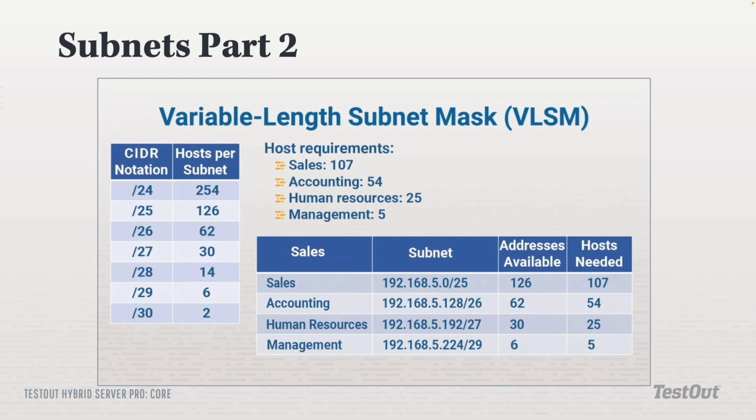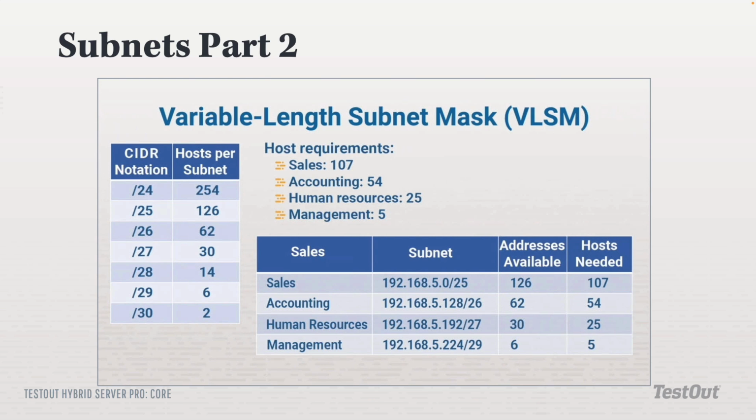So we go through and we subnet it out, having our biggest one be the 5.0. That becomes a /25 network, so we borrow that first bit from them. So then we will get 126 addresses. So does that meet our requirements of at least 107? Yes. Now we can move on to accounting.